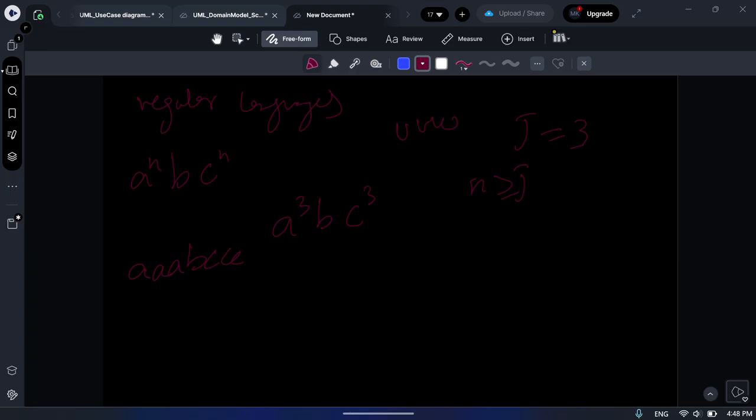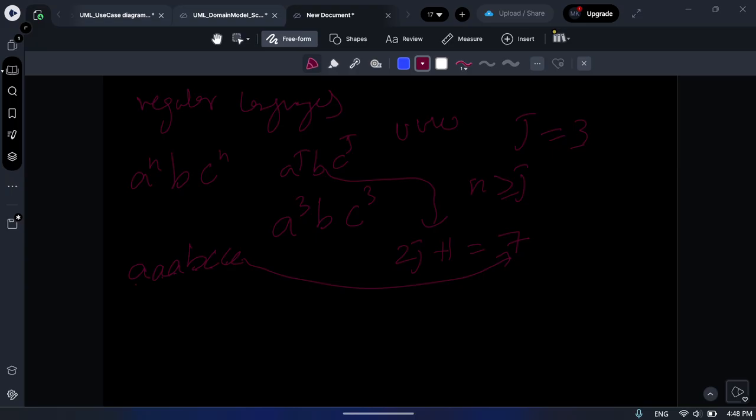So we have 2j plus 1 equals 7, which is the length that we have in any case, whatever he does. So we can see 1 2 3 4 5 6 7. This is 7.